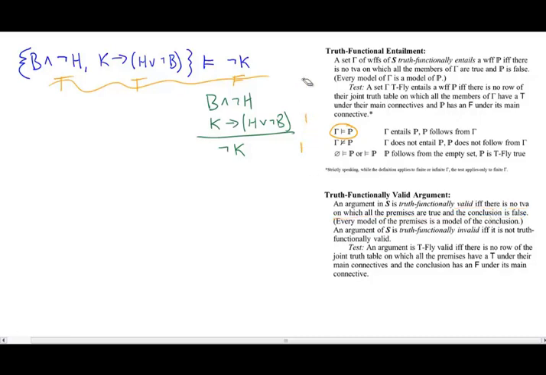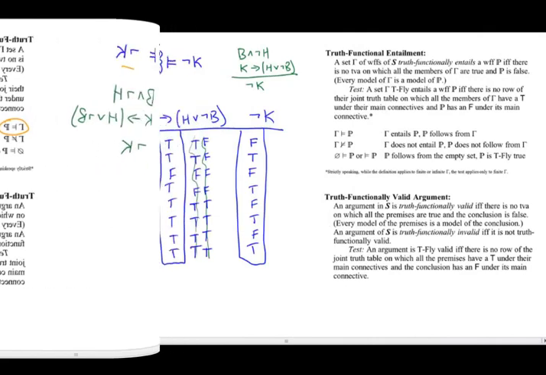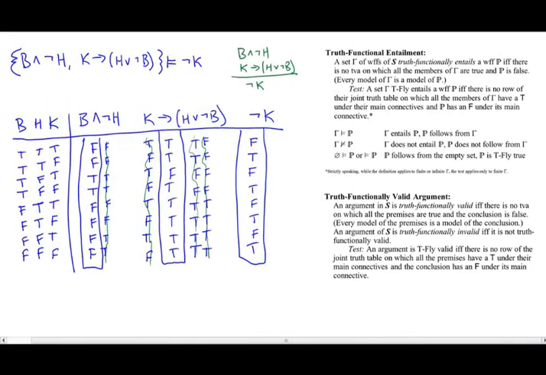So let's do the truth table and see what happens. Here now we have a joint truth table which will function to test both the entailment claim, since we have both members of the set listed and the target formula listed, and it serves to test the argument for validity, since we have both premises listed and the conclusion listed.